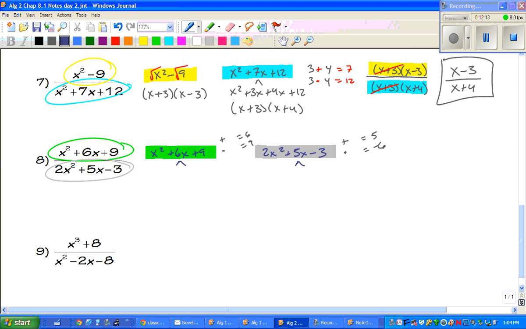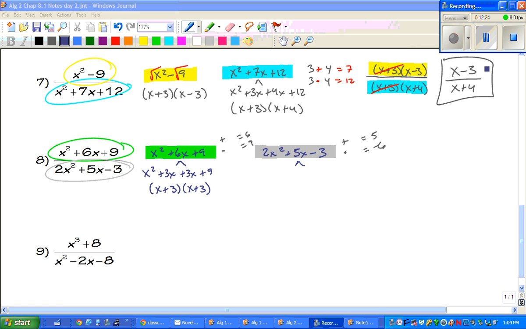Why don't you guys go ahead and try the green first? Go ahead and pause the video and see how you do. Okay, there's the green. And now go ahead and try the gray. Go ahead and pause the video and see how you do. Okay, and that should have been what you got.